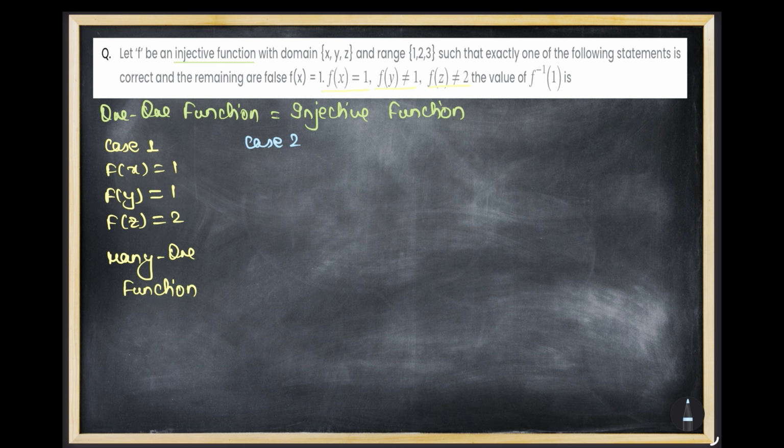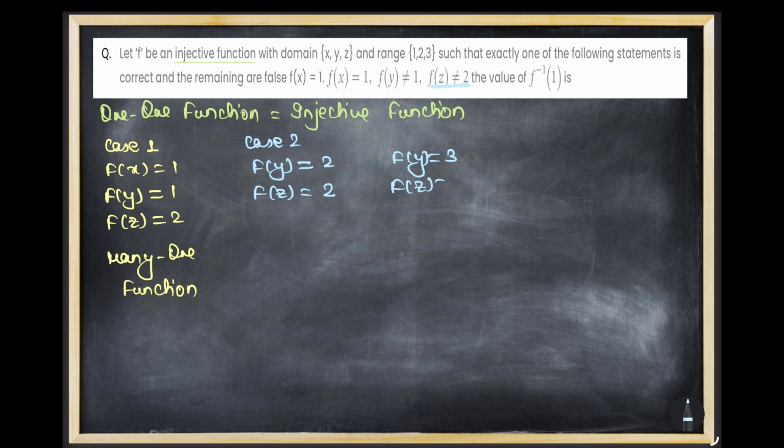Now go with the second case. Suppose that the second statement is true. So f of y not equal to 1 is true. So f of y can be equal to 2, or f of y can be equal to 3. Now this is true, so this would be false, meaning f of z is equal to 2.